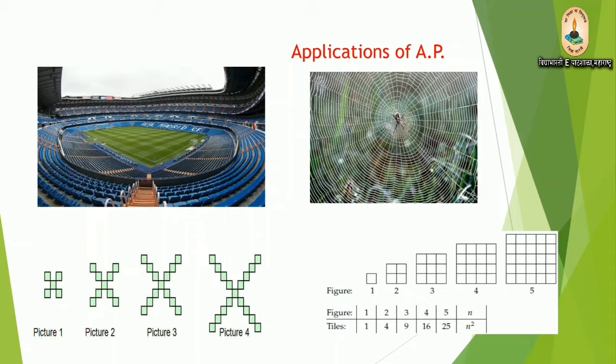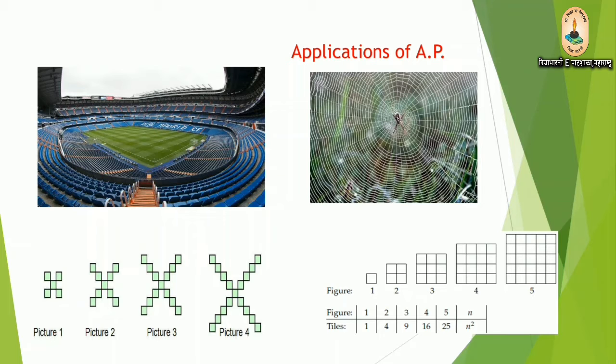First figure shows 1 tile. Second figure shows 4 tiles. 4 is equal to 2 square. Third figure shows 9 tiles and 9 is equal to 3 square. Fourth figure shows 16 tiles. 16 is equal to 4 square.